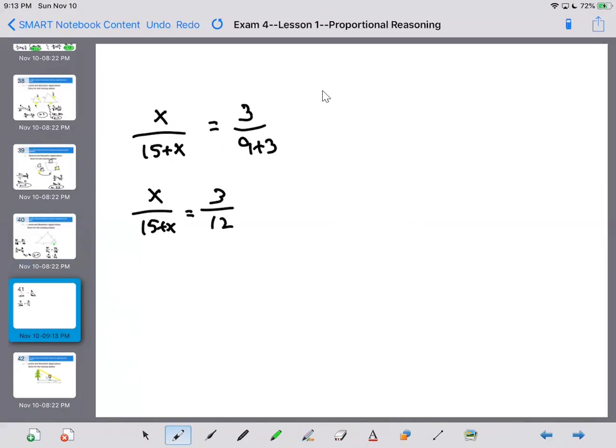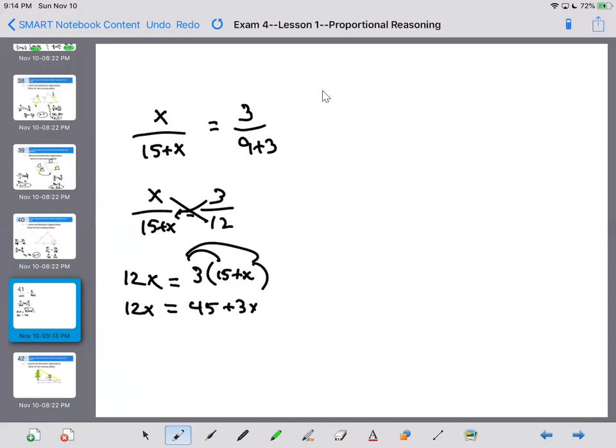If I do cross products, I'm going to say 12x and 3 multiplied by 15 plus x. So I get 12x is equal to, distributive property, 3 times 15 is 45, 3 times x would be 3x. And then if I solve for x, I'm going to scoop the 3x over by subtracting. That goes to 0. That's still 45. 12 minus 3 is 9x. Divide both sides by 9. X should be 5.